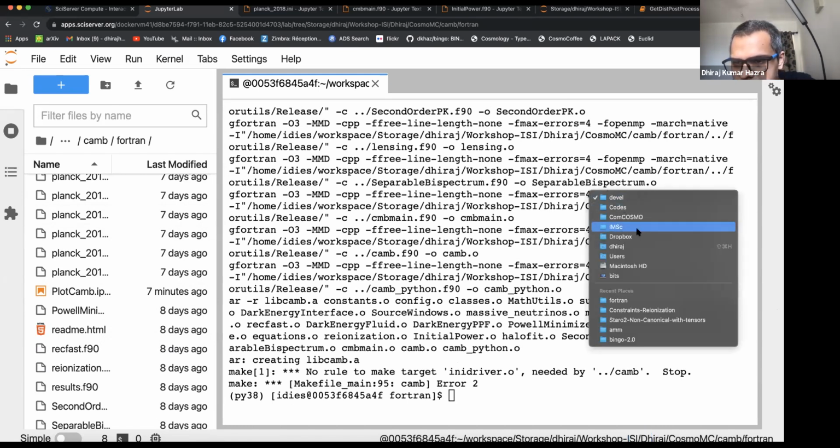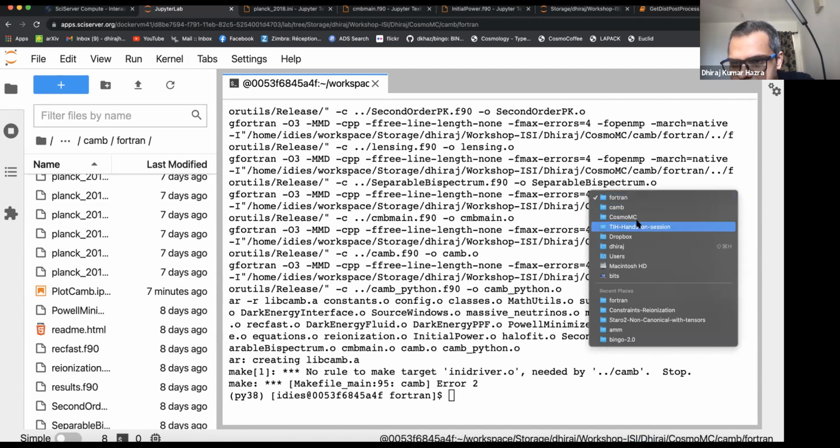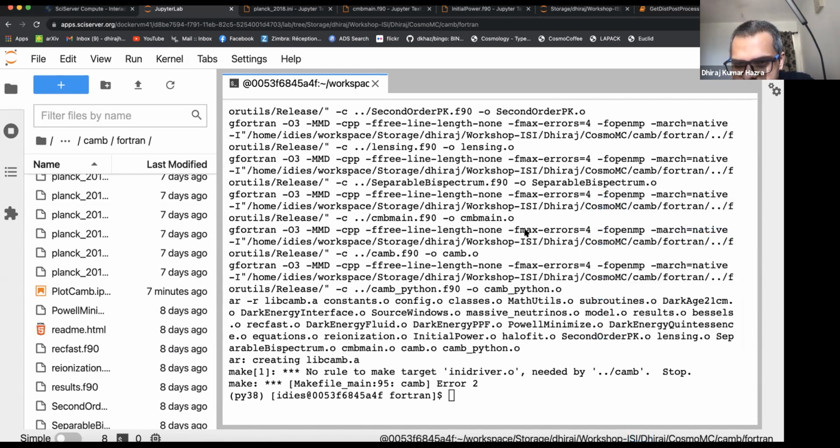It is not in the table. This is in the Fortran, ISI session, Cosmo MC, cam. Okay.